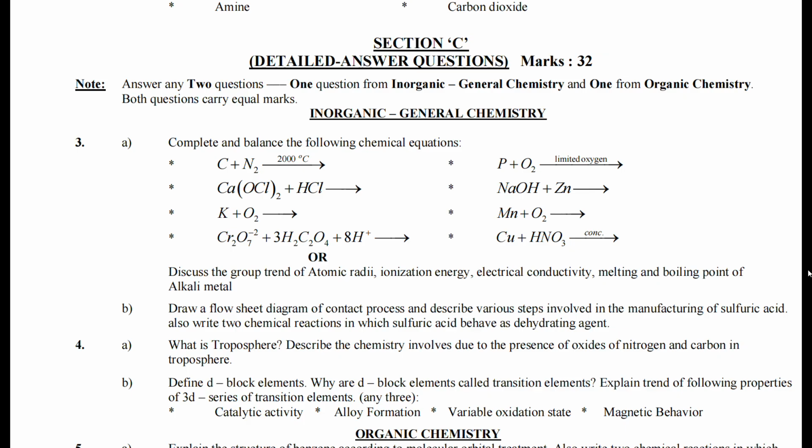You can see that question number 3 has two parts, which is part A and part B. Same goes for question number 4, that it has two parts, which is part A and part B. If you select question number 3, which means you have to attempt part A as well as part B. It is not possible that you attempt part A of question 3 and part B of question number 4. If you do such a thing, then you will not get the marks and your marks will be deducted. So A and B parts of the question that you select must be attempted.